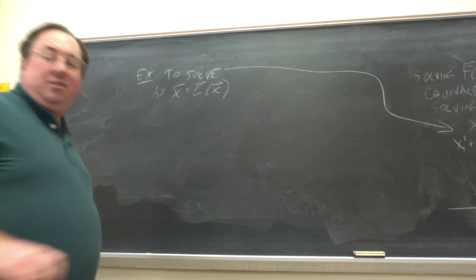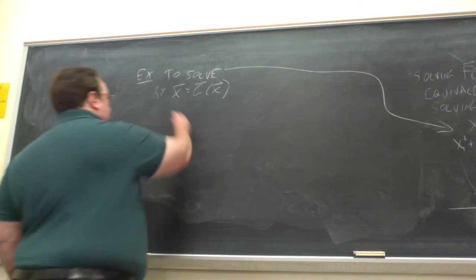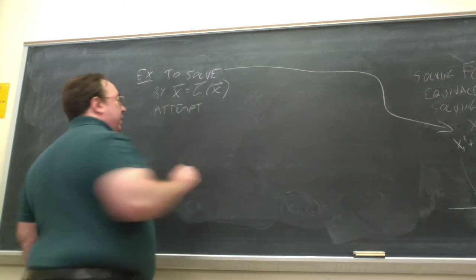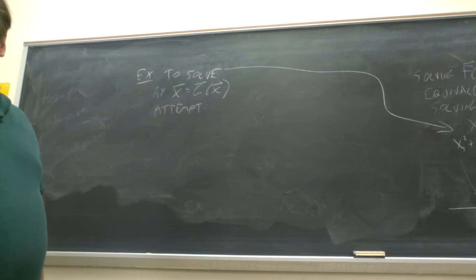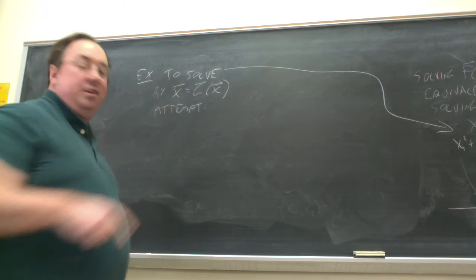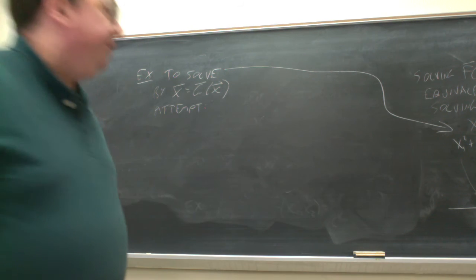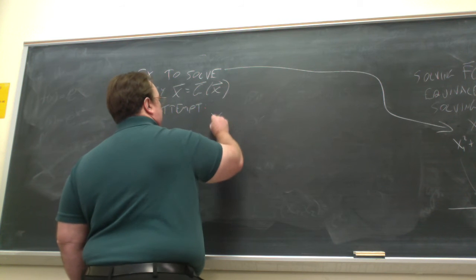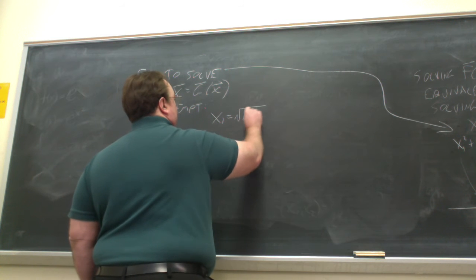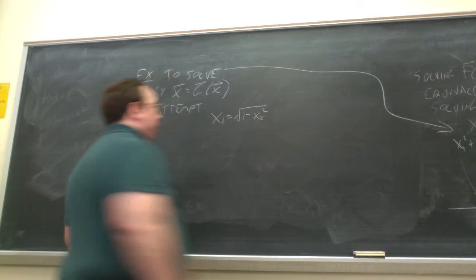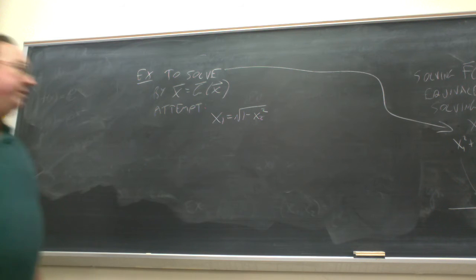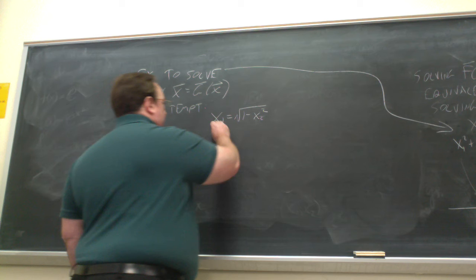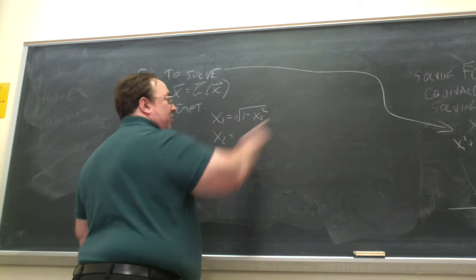So for our attempt, not knowing if this is going to work or not, I'm going to take the second equation, the circle, and isolate x1. So x1 is equal to the square root of 1 minus x2 squared. And for the second equation, where x2 is isolated, I'll just use the first equation.